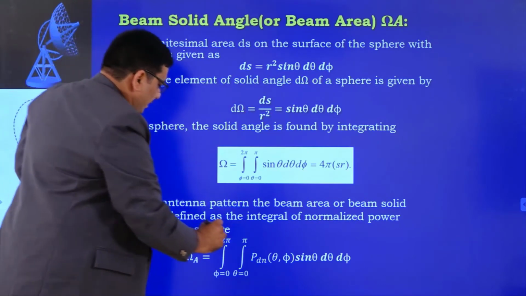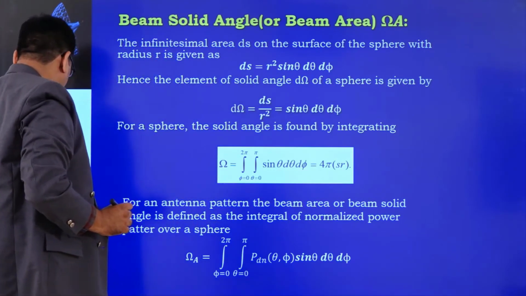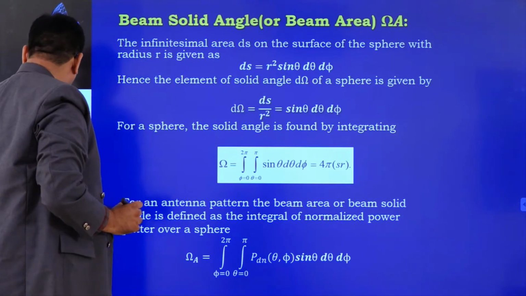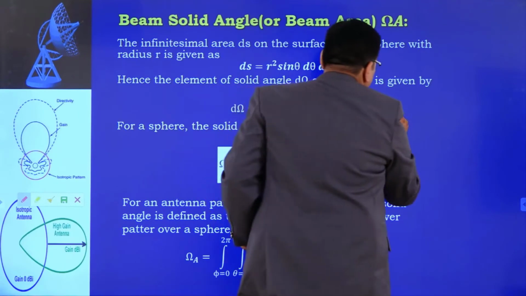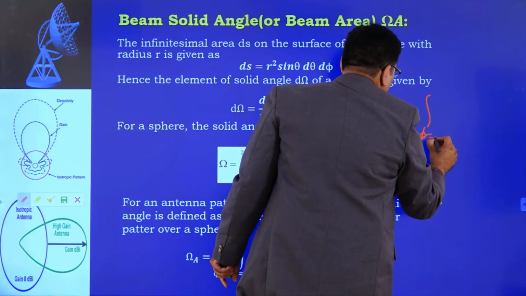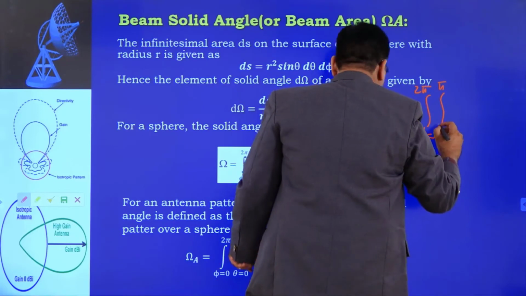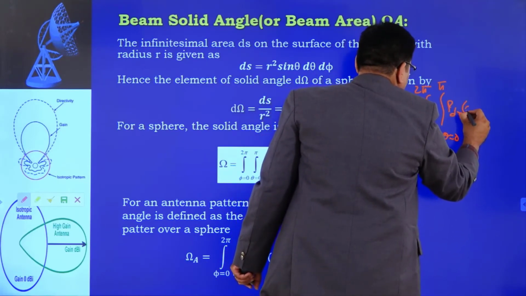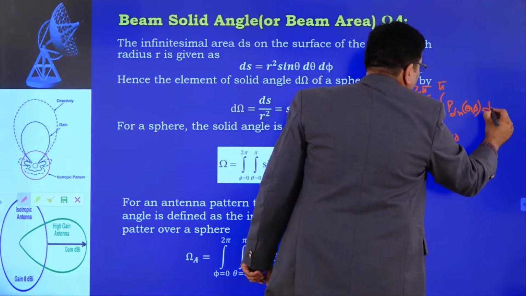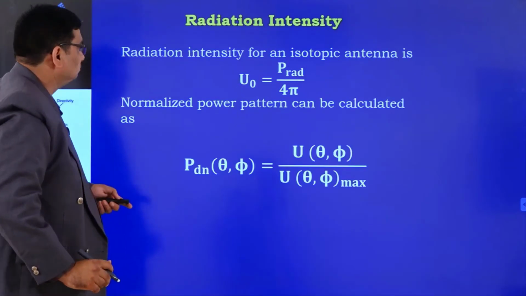So from this we can write the equation: your beam solid angle omega A is equal to the integration of phi from 0 to 2 pi and theta from 0 to pi of the normalized power density, or radiated power, into sin theta d theta d phi, which is d omega.